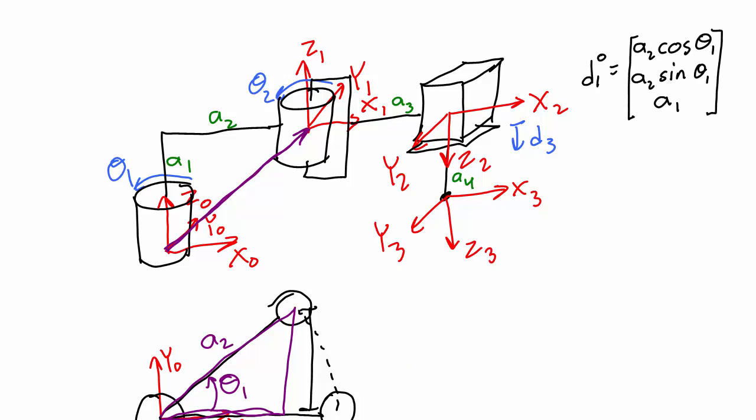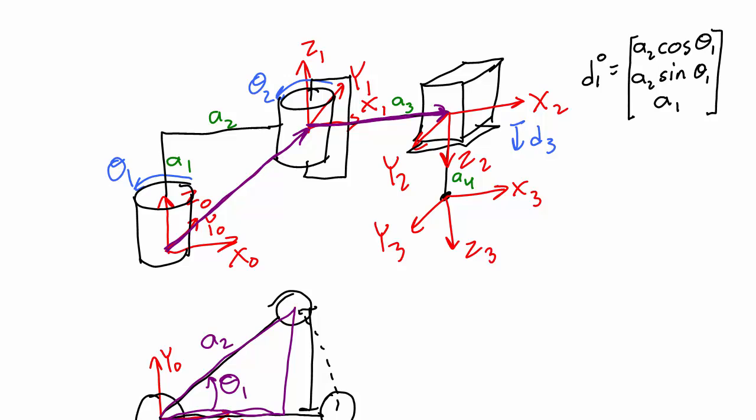The displacement from frame 1 to frame 2 can be seen right here. Once again, right now it looks like this displacement is entirely in the x1 direction. But we can see that that will not be true as soon as theta 2 is no longer 0.